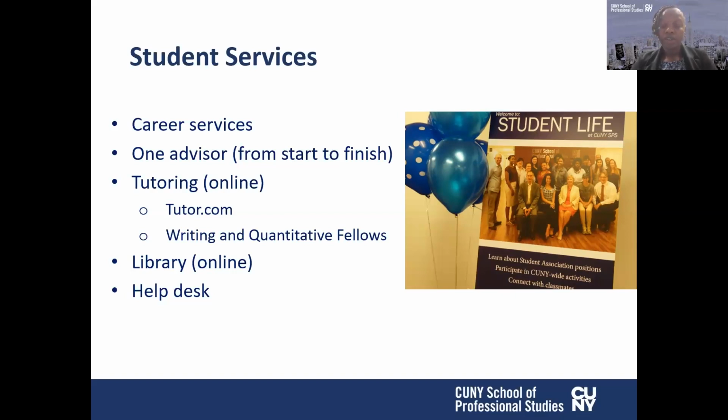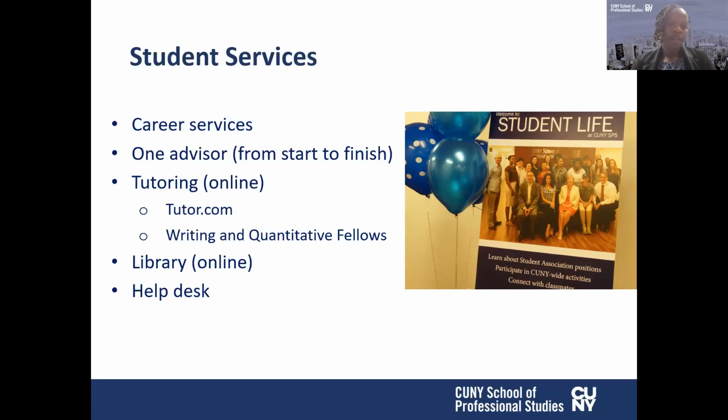There are also tutoring services via tutor.com, which is available 24/7. So if you are a working professional and you need assistance, whether it's 12 midnight or 3 a.m., there's always someone you can reach out to. There are also writing and quantitative fellows who are able to read your papers and help with citations and things like that. There are library hours and the help desk.